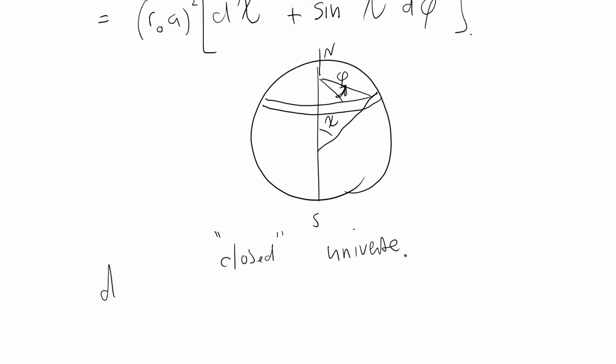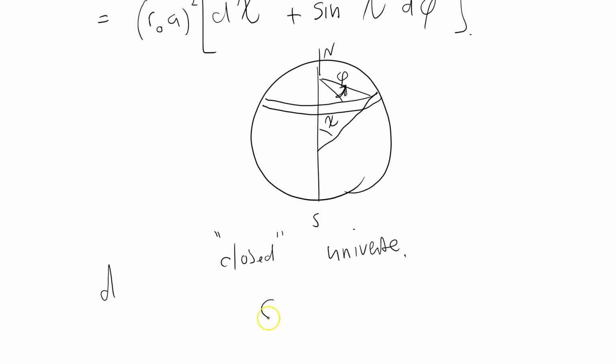There's just a couple of notes of caution here. Just because it's like a sphere embedded in a higher dimensional space doesn't mean that the global topology of the universe is as I have just described.